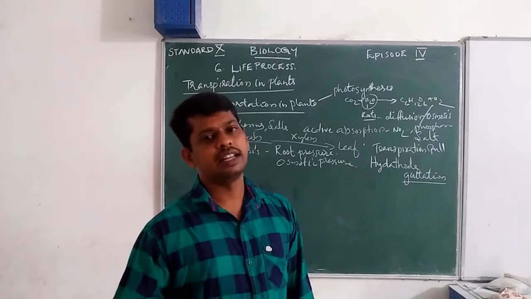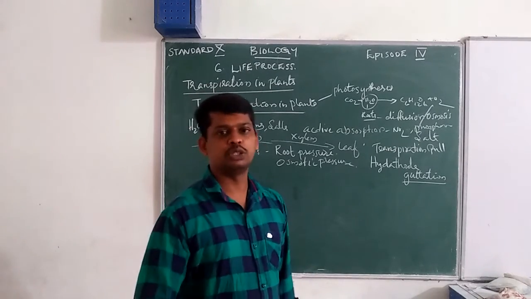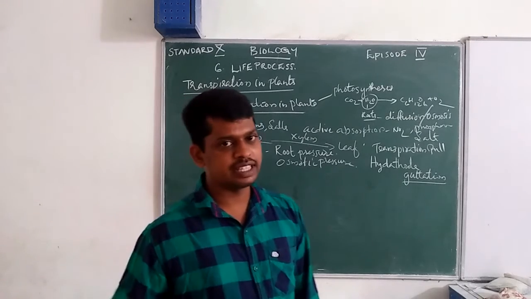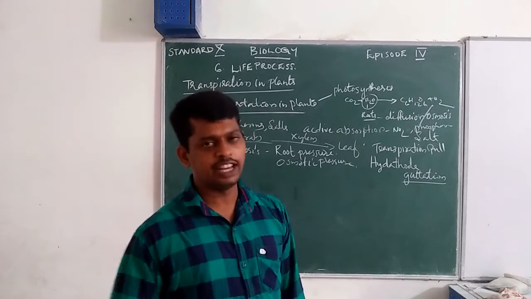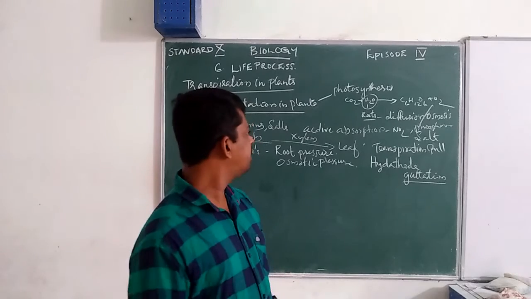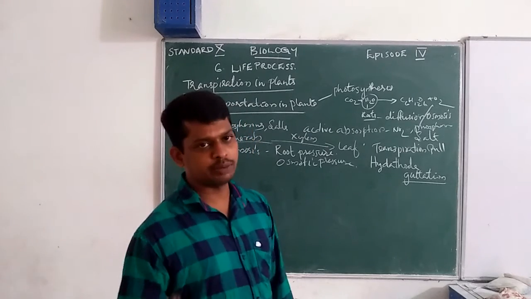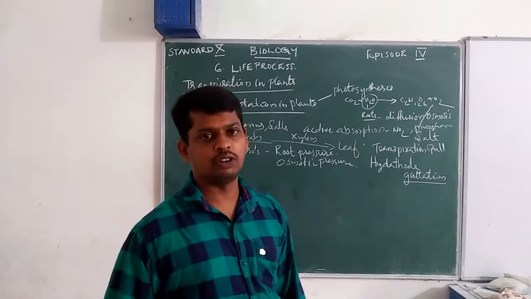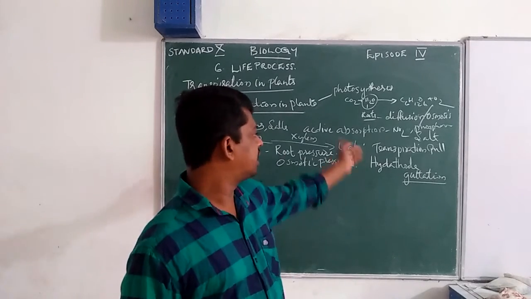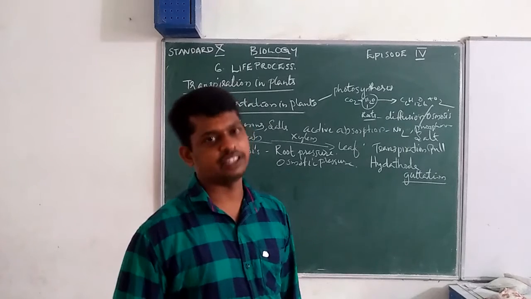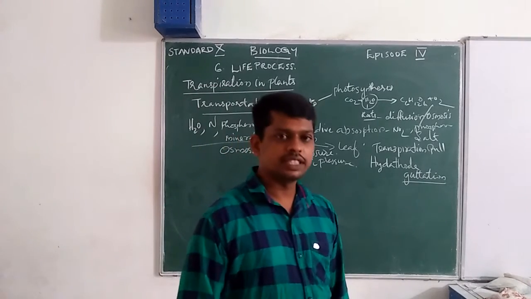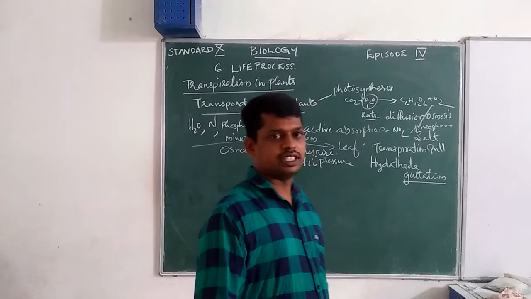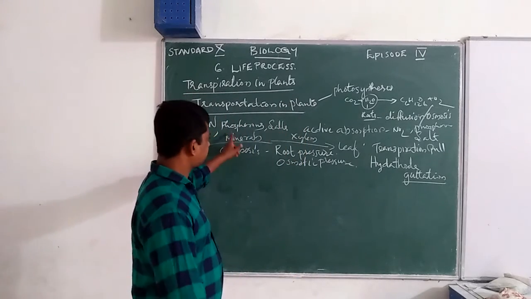And this travels from roots to leaves within the xylem vessels. Next point, it is possible due to osmotic pressure or root pressure and transpiration pull. This is the first point.